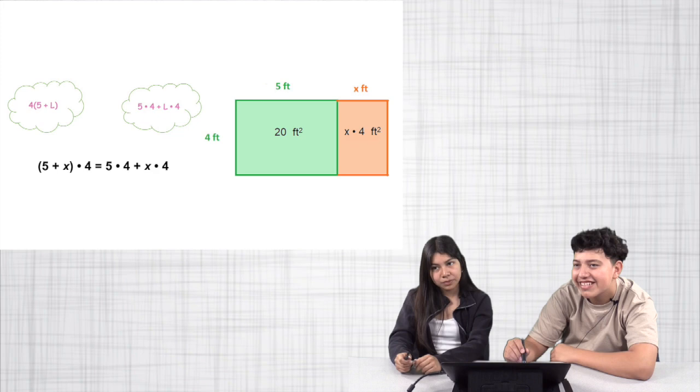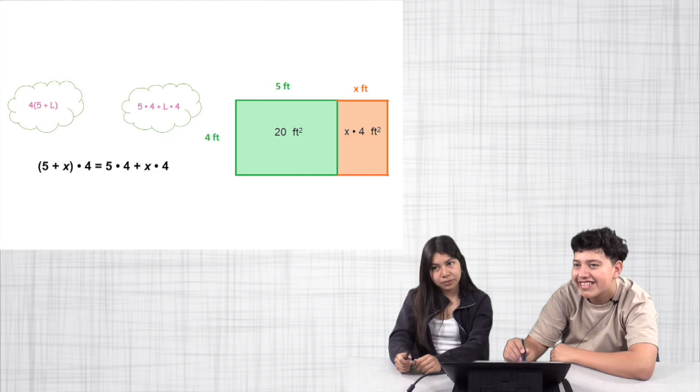Mia set these two expressions equal to each other. But why are the two expressions equal? Next, Emily and Mauricio will explain the meaning of each expression separately.